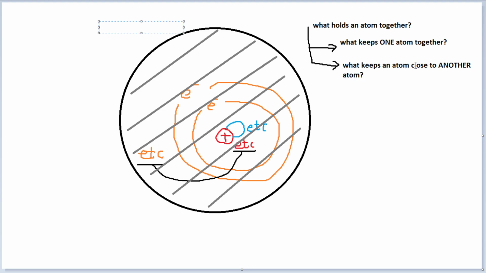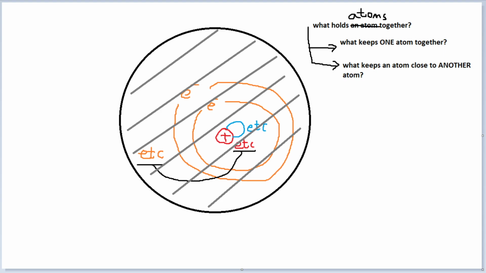If I ask you what holds, or perhaps I should have said what holds atoms together, maybe that's better. Okay, so let's sort of cross this out. There we go. What holds atoms together? If somebody asks you, like I asked you, what holds atoms together, you should ask me to clarify what I mean.